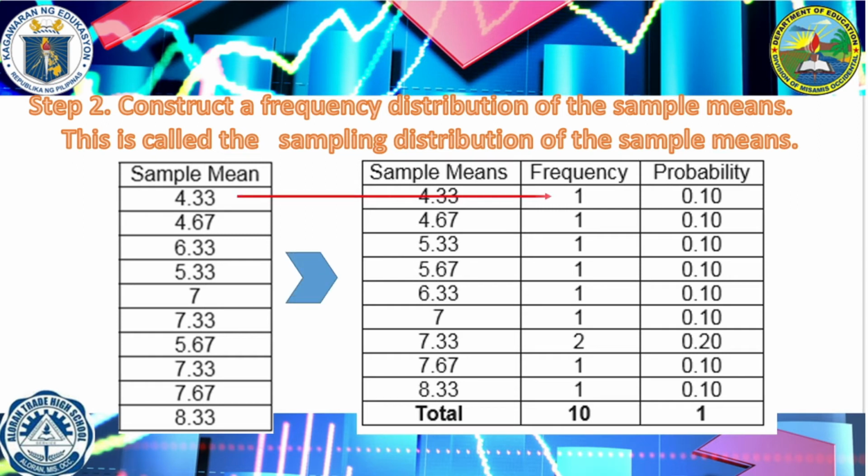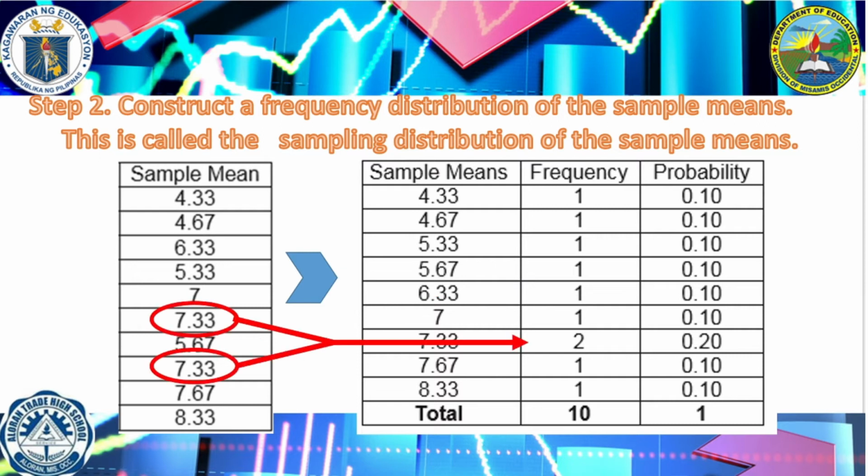First is 4.33. There's only one 4.33 here, so we put 1 as our frequency. Next is 4.67. There's no other 4.67, so still we put 1 as our frequency. Then 6.33. There's also one 6.33, followed by 5.33, and then 7, then 5.67.